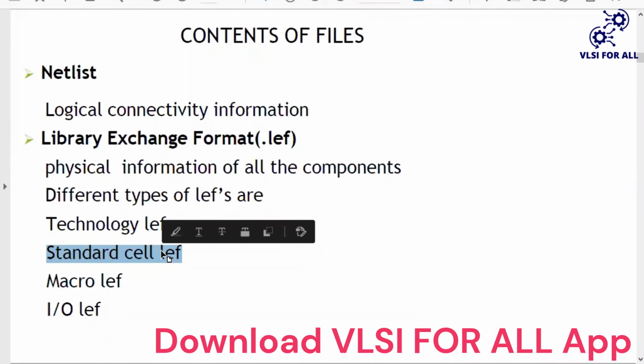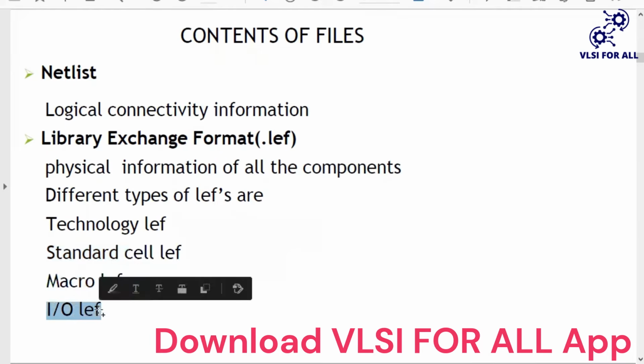Next one is the input and outputs: where the input ports of our design are present and where the output ports are placed.